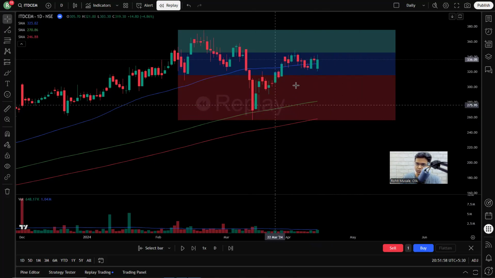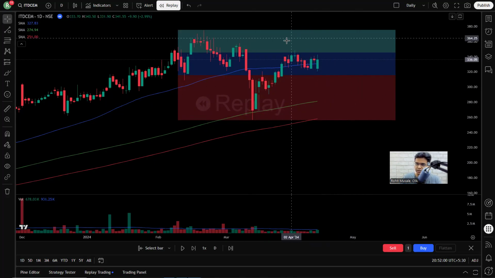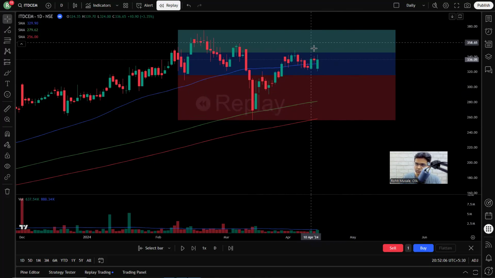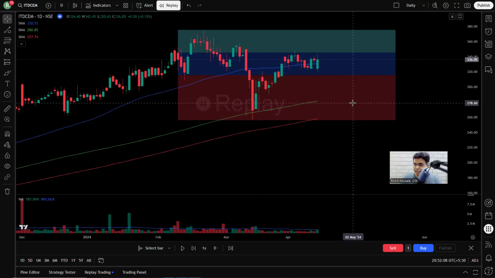See, after point 2, there is not a single candle which has closed inside the green zone. Very big risk. Okay. See, no green zone closing does not mean that you reject the stock. It simply means that the base contains more risk.